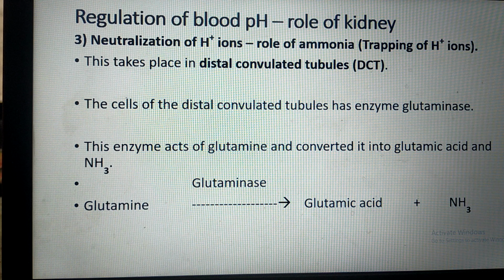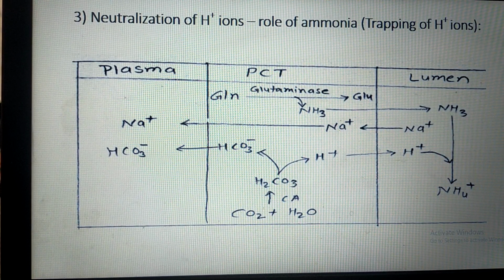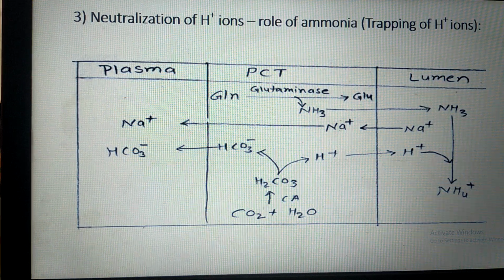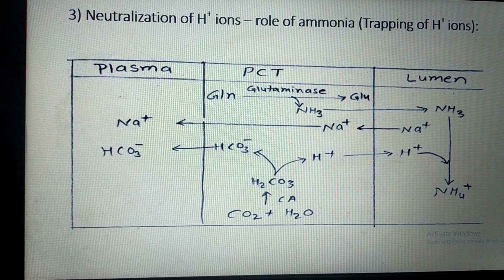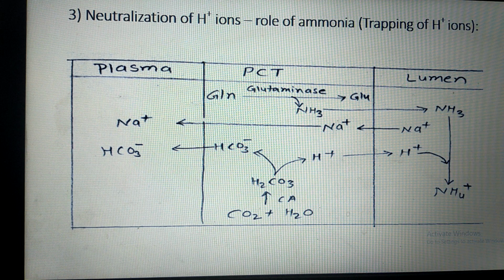What happens in this process, I will show you in the figure. So again, this is the figure. If you see this, in the first mechanism, H plus ions are excreted into the lumen.